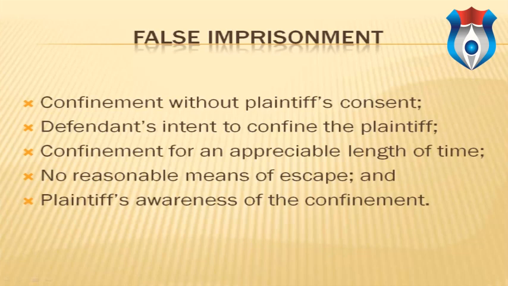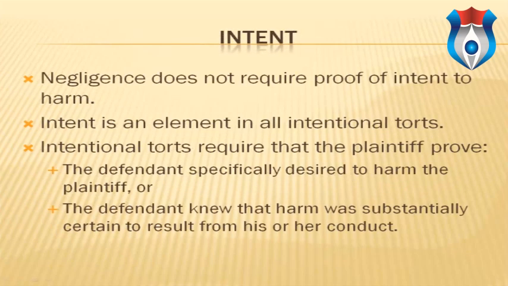So we've looked at a couple of different examples of intentional torts, and we've looked at the elements of negligence. You might already have figured out the number one difference between negligence and the intentional torts. The main difference is intent. With negligence, there's no requirement that the plaintiff prove the defendant intended any harm. Negligence amounts to acting unreasonably under the circumstances and thereby causing harm to someone.